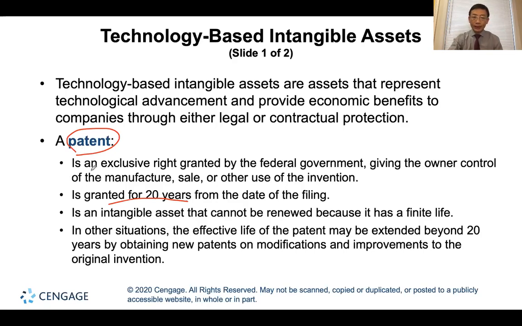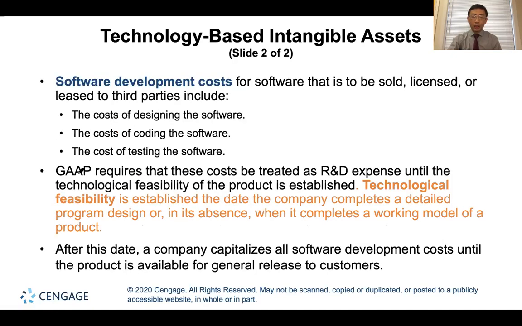It's an exclusive right granted by the federal government, giving the owner control over the manufacture, sale, or other use of the invention, but only for 20 years. So it's an intangible asset that cannot be renewed because it has a finite life. Another technology-based intangible asset is software development costs.